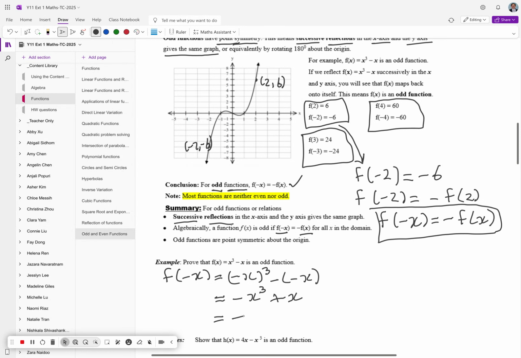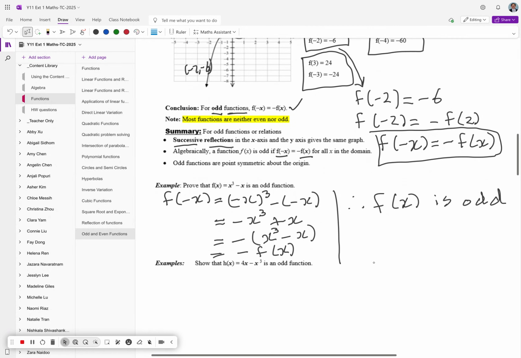Now if I take out the negative as a factor, I get minus, x cubed minus x. Now x cubed minus x is just f of x, isn't it? So I've proven that f of minus x equals minus f of x. Therefore I can say f of x is odd. So that's the algebraic way of proving that a function is odd.